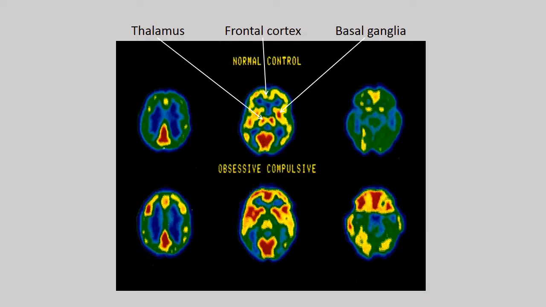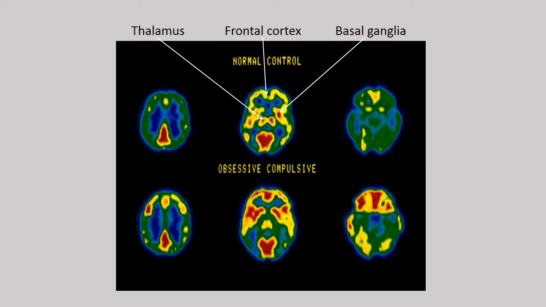Biological theories on the etiology of OCD have focused on more activity in a circuit in the brain involving the thalamus, frontal cortex, and basal ganglia. PET scans of people with OCD show more activity in these regions compared to people without OCD.